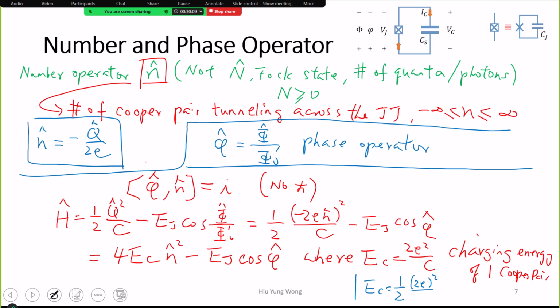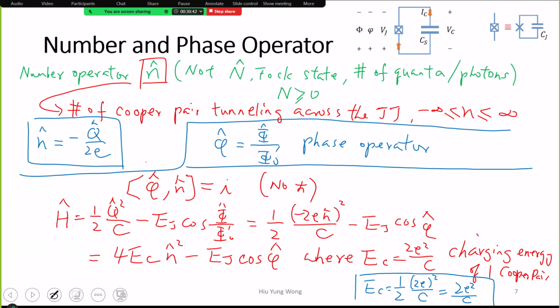So this gives us 2e squared divided by C. That's why this is the charging energy of one Cooper pair.